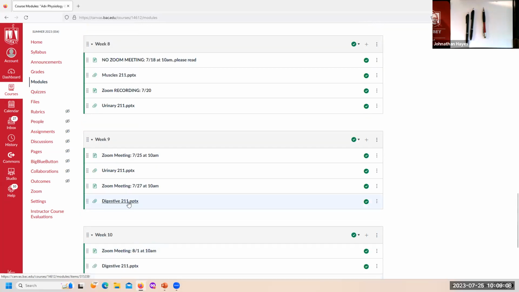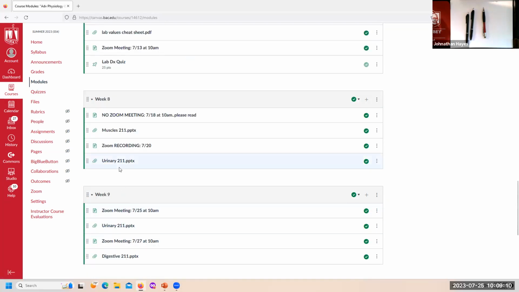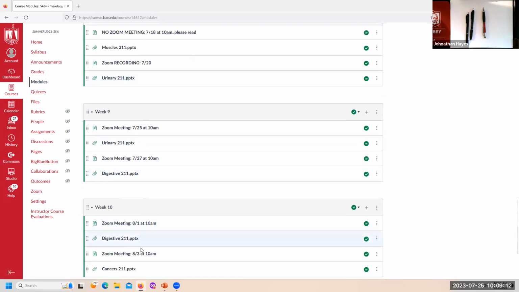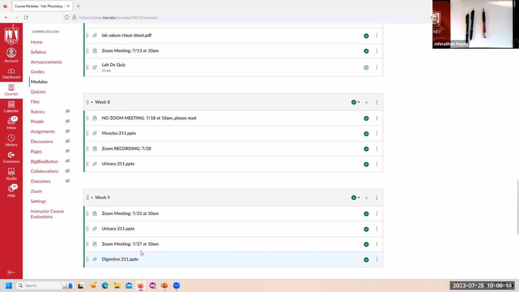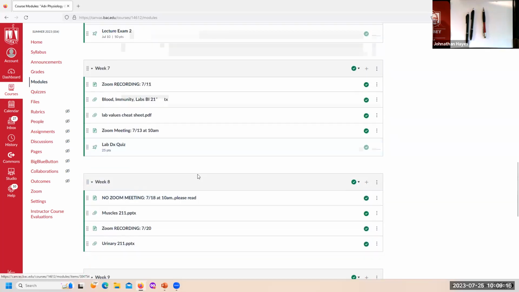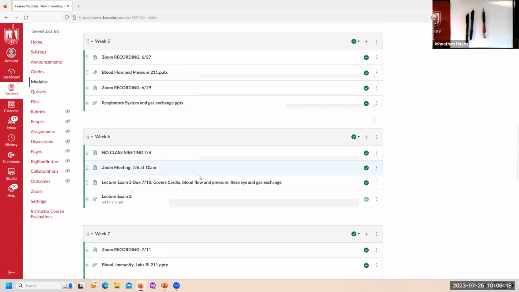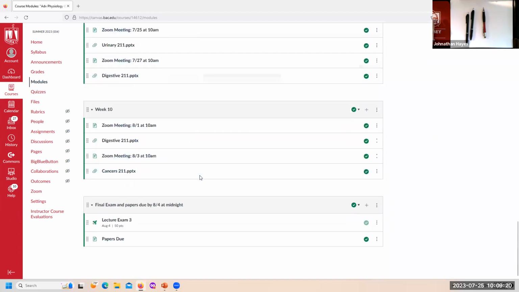If you have any questions about urinary, digestive, or previous material, labs, neuro, cardio, then we need to have a day to go over that too. So that's primarily what we'll do this class. I'll go over the basics of cancers and neoplasms, but we'll probably do a big Q&A that day for any questions you have left.